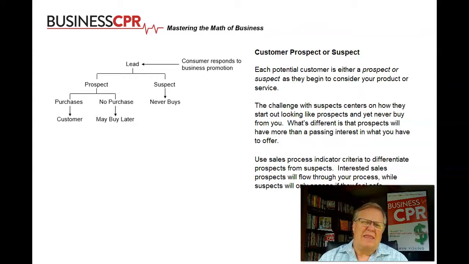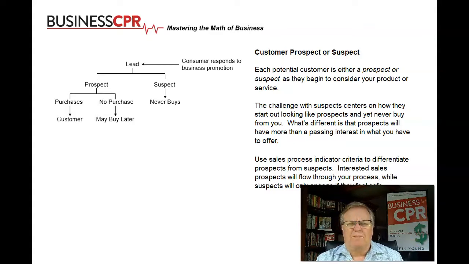Whereas the prospects will, and the best way to differentiate between a prospect and a suspect is to take them through a sales process that moves people through the purchase decision funnel and allows you to keep them engaged as they move through this process with you.